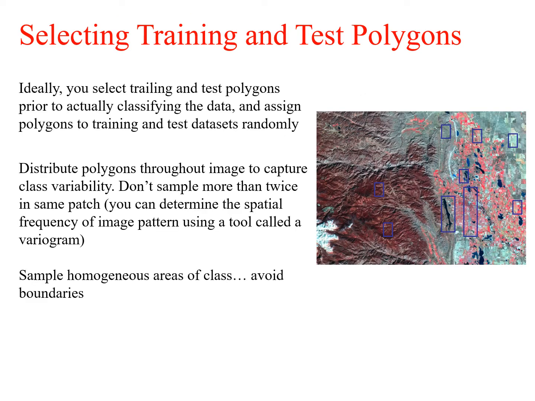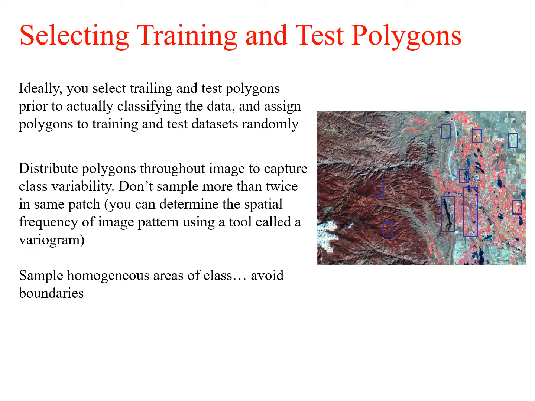So ideally, you're selecting training and test polygons prior to actually classifying the data. And you're assigning polygons to training and test data sets randomly. So you distribute polygons throughout the image to capture the spectral variability or class variability. You don't sample more than twice in the same patch.